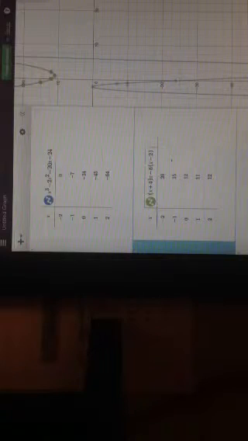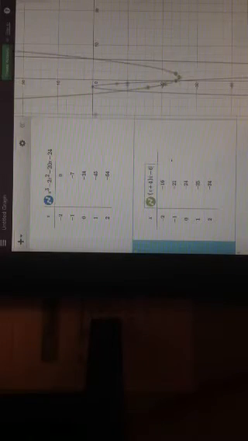Same thing if we change that to x plus 4, and x plus 4 here, and x minus 6.